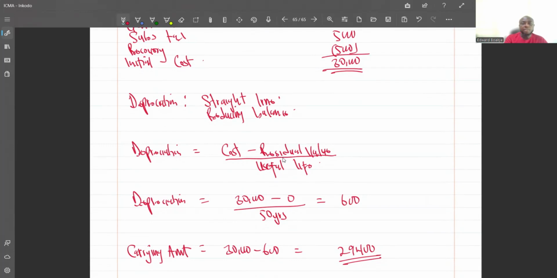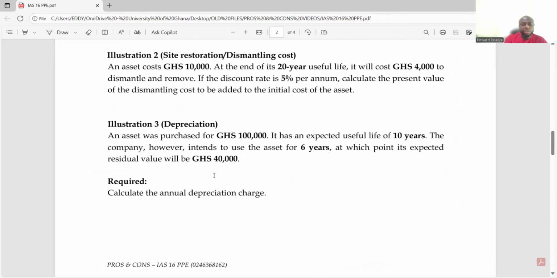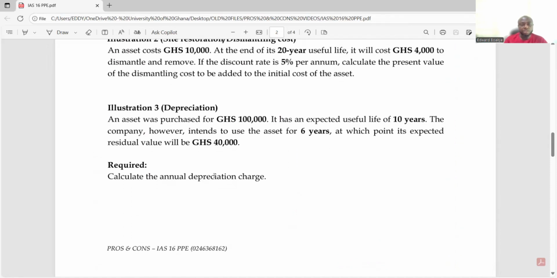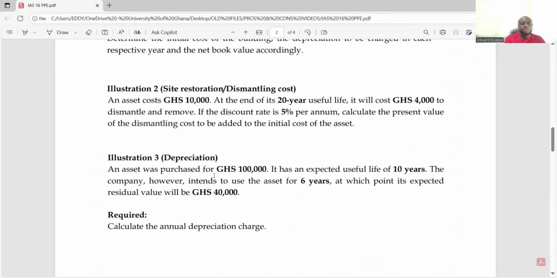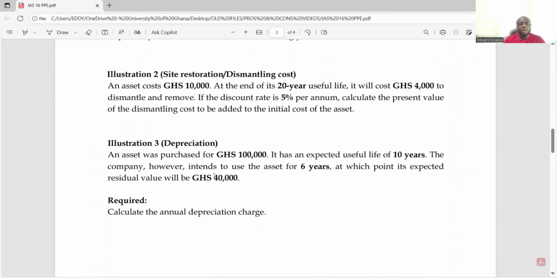Right. I wanted to see if we can get a scenario with, okay, so let's look at this one. Scenario 3. Good. Scenario 2, that is continuation. An asset costs 10,000. At the end of its 20 years useful life, it will cost 4,000 to dismantle and remove.